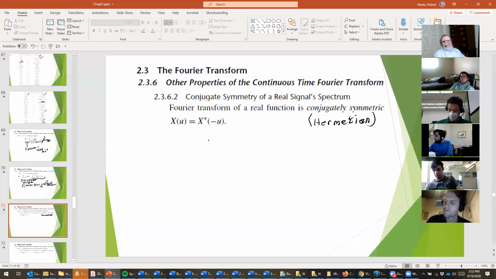He has a bunch of stuff named after him, including some polynomials, the Hermite polynomials. Well, one of the things this means is that the magnitude of X of u is equal to the magnitude of X of minus u.